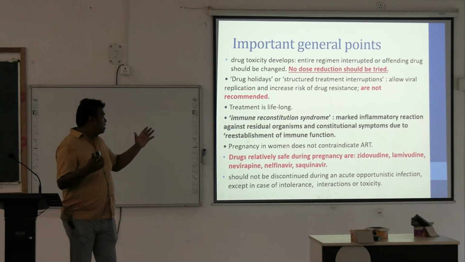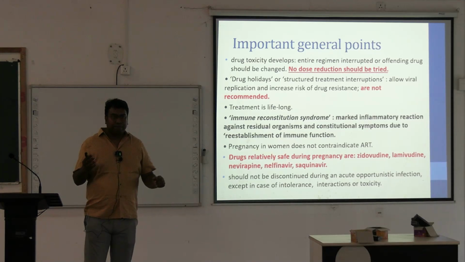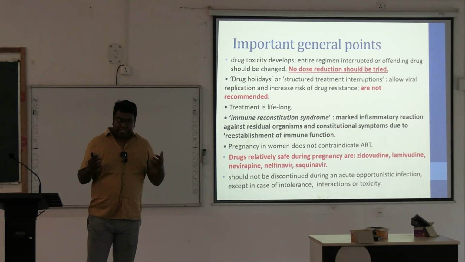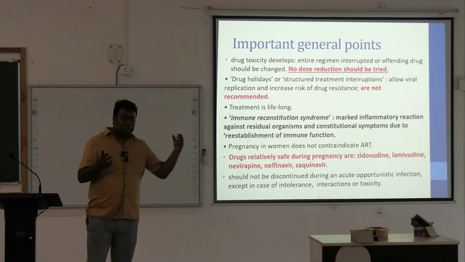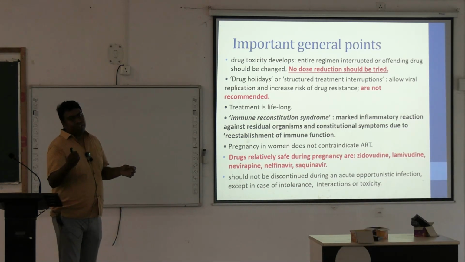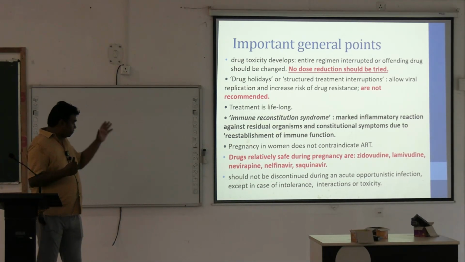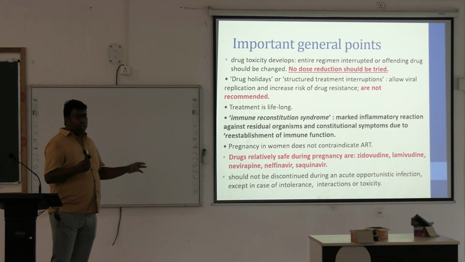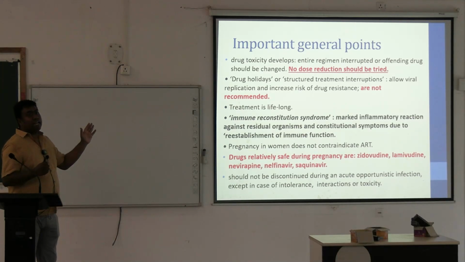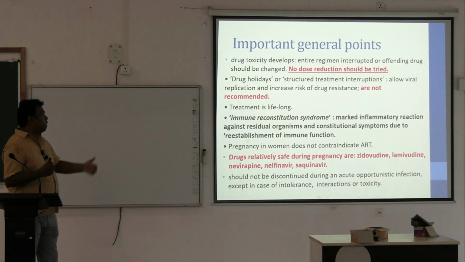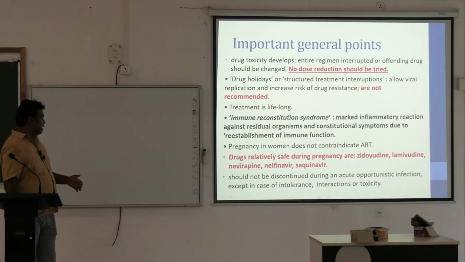To treat the inflammation, we give steroids. Instead of reducing the dose, changing the regimen or a drug holiday, we only give steroids to control the inflammation. It is a better immune system, so it develops inflammation against the organism.